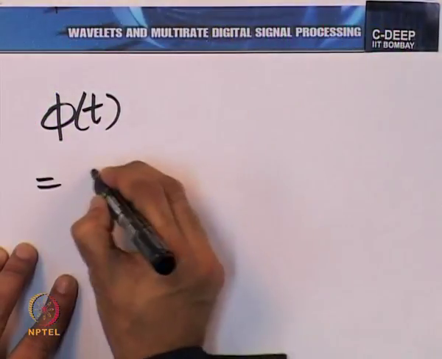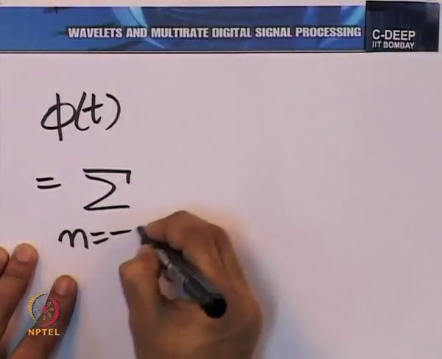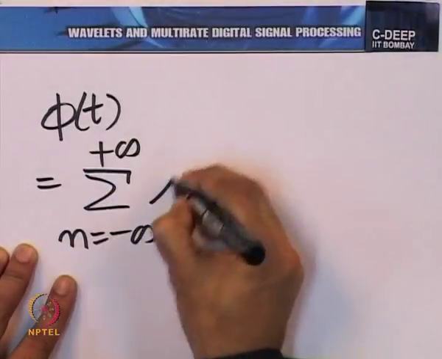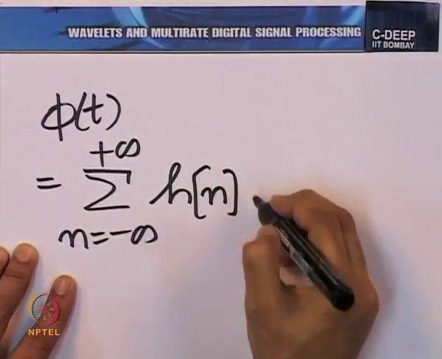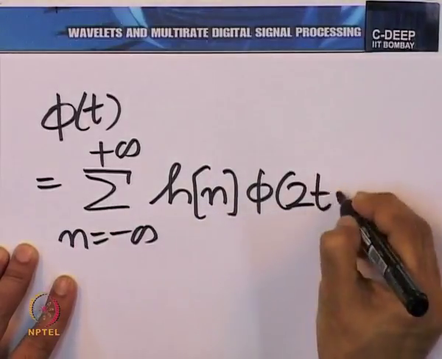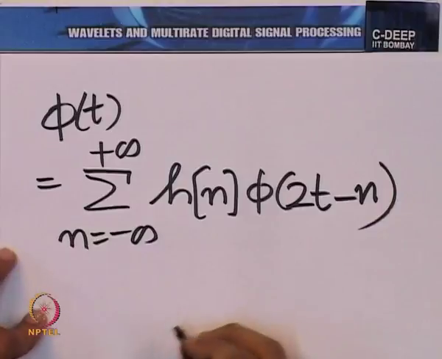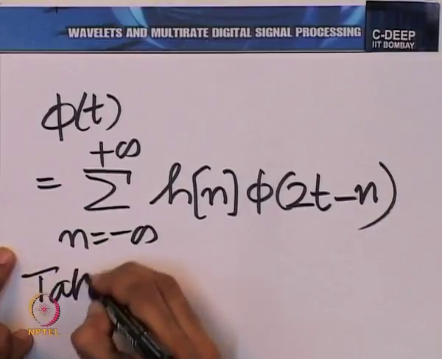So, let us take this very general dilation equation. Phi of t is summation n going from minus to plus infinity h of n phi of 2 t minus n, and we take its Fourier transform on both sides.